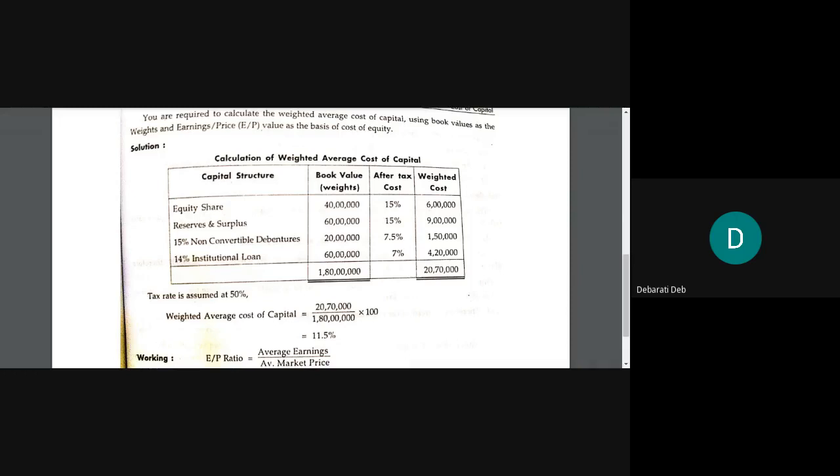Then after that, you write after tax cost. And the last one is weighted cost.